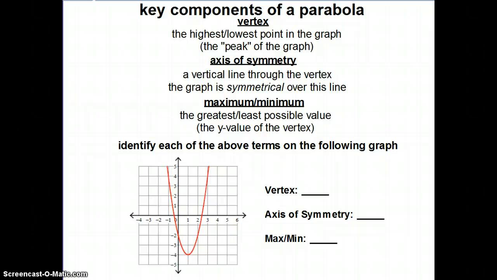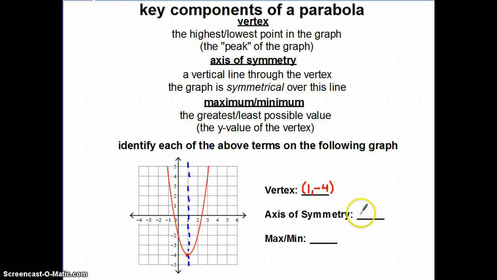So in the following graph, I'm going to identify first the vertex. That's going to be, in this case, the very lowest point on the graph, which would be here. That is the point 1 for x, -4 for y. Your axis of symmetry is a vertical line through that vertex. The graph is the same on the left and the right of this graph. That's why we call it the axis of symmetry.